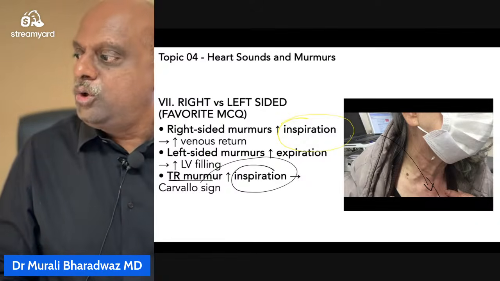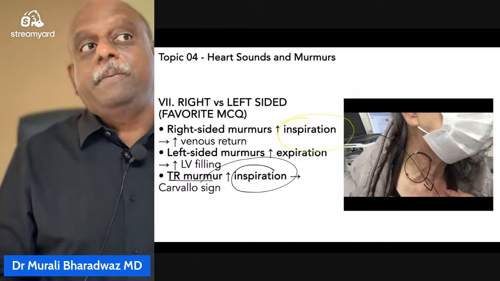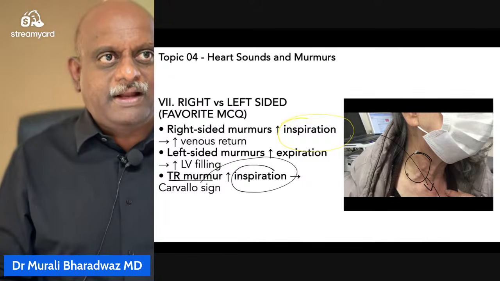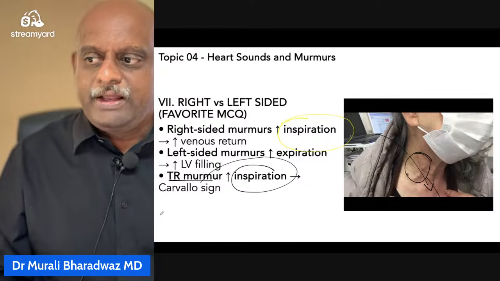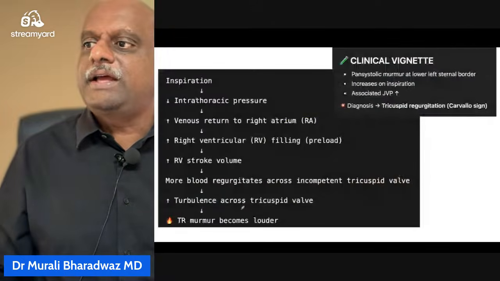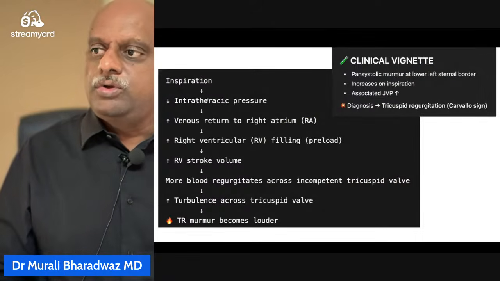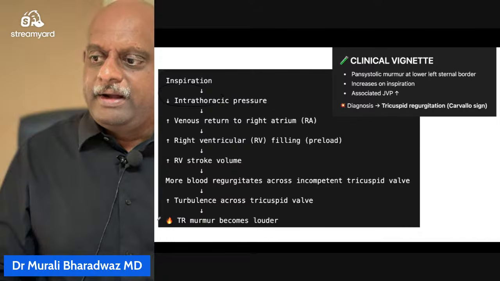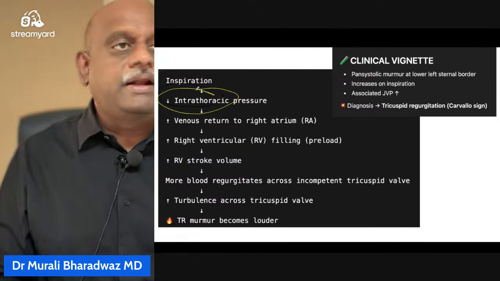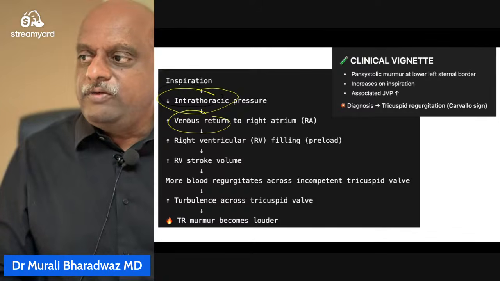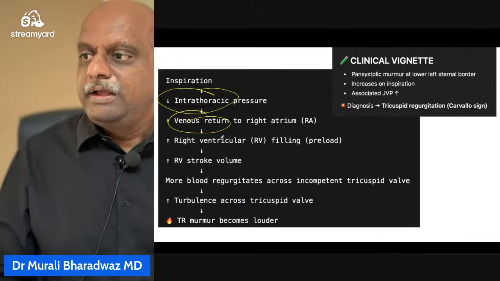Together this will cause the JVP to get elevated significantly, and the murmur intensity also increases during inspiration, which is called Carvallo's sign.